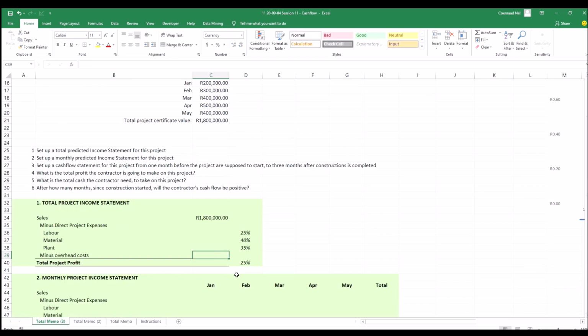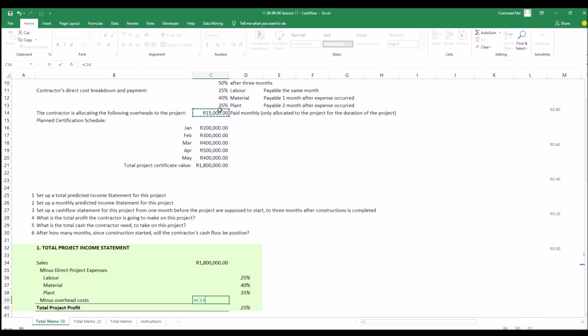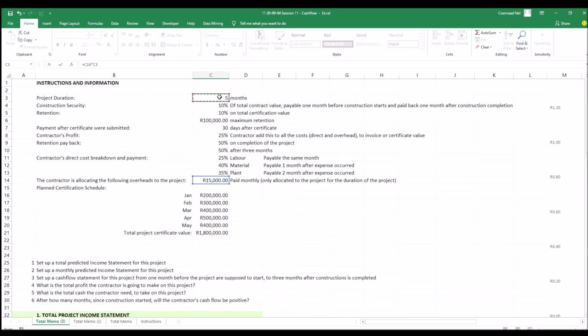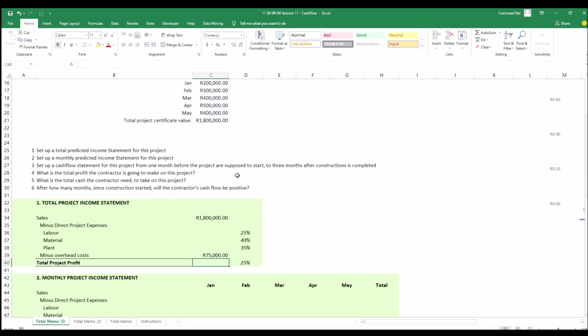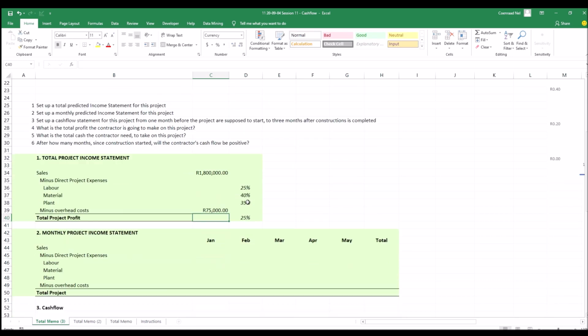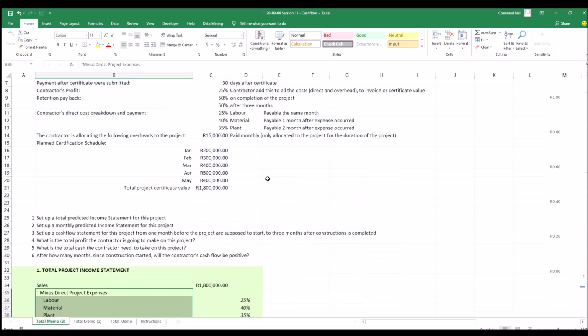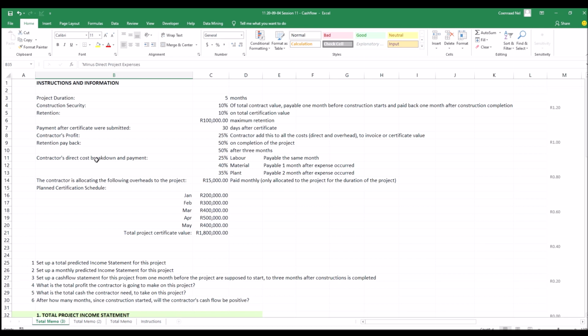So I can say it's the 15,000 multiplied by the duration of the project, which is 5, and that gives us 75,000 rand. Now we need to work out what our profit is, but we still don't know what the direct costs are. But let's read here in the beginning where they give us information about our profit.